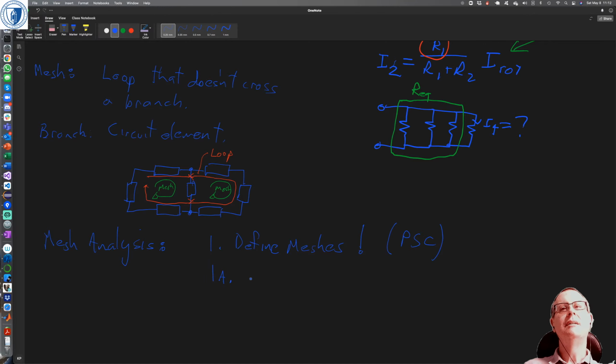Step 1A, see if we need supermeshes. Then write down KVL, Kirchhoff's voltage law equations, for each mesh, and if there's a supermesh, there's going to be a KVL plus a KCL.